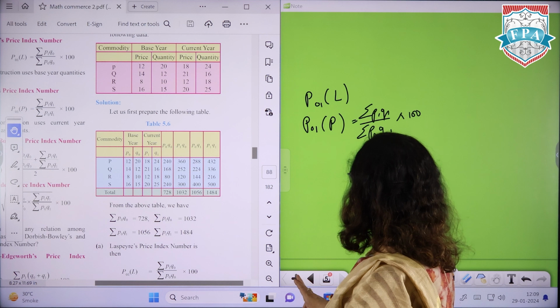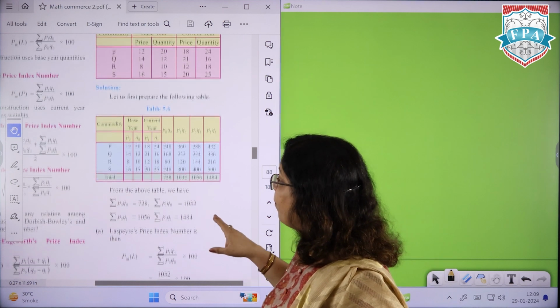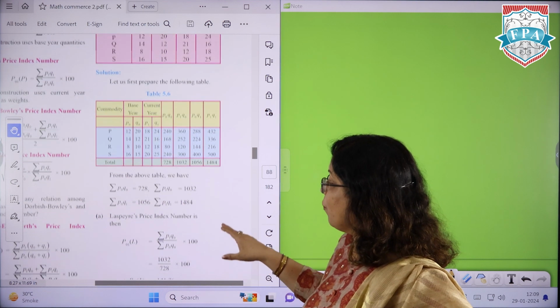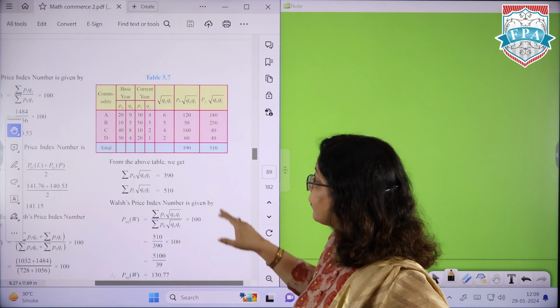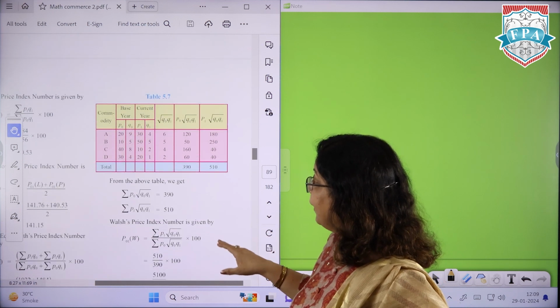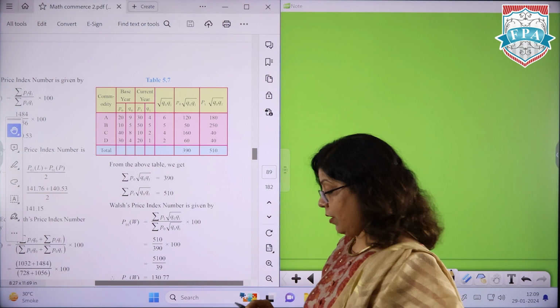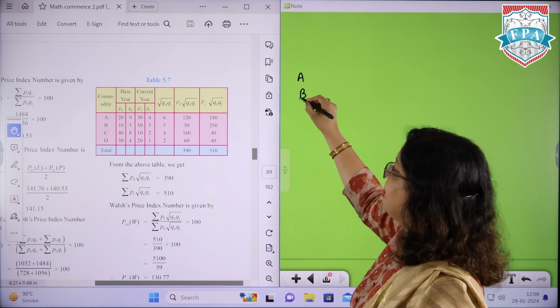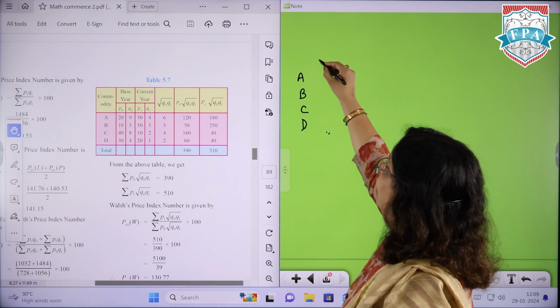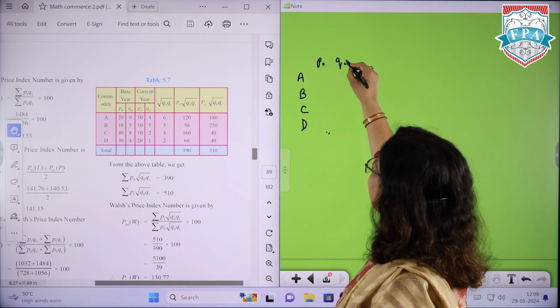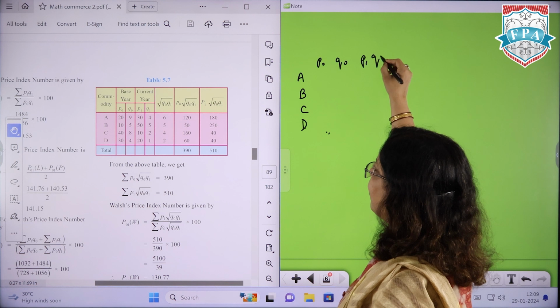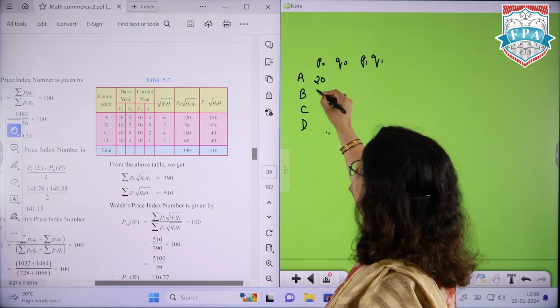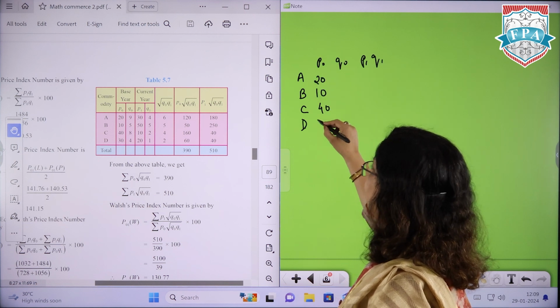So let's take one example for this particular part also. We've got certain values for base year and current year. The commodities can be say A, B, C and D. Base year pricing P0 Q0, current year is P1 Q1. So it's like 20, 10, 40, 30.